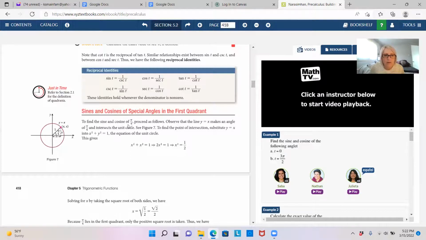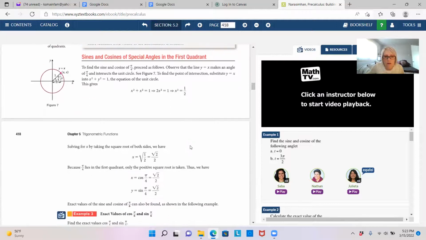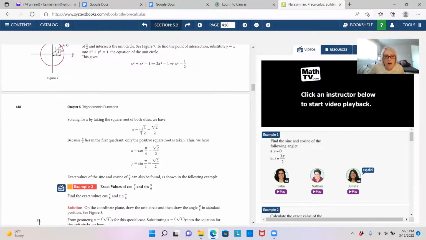It says to find the sine and cosine of pi over 4, here at the bottom of page 417. We're looking at this equation for a circle, which is x squared plus y squared equals 1. Well, on an isosceles triangle, the two sides are equal. So it's just x squared plus x squared equals 1, which is 2x squared equals 1. So x squared equals 1/2. And so when we solve for x, we get the square root of 1/2, or the square root of 2 over 2.